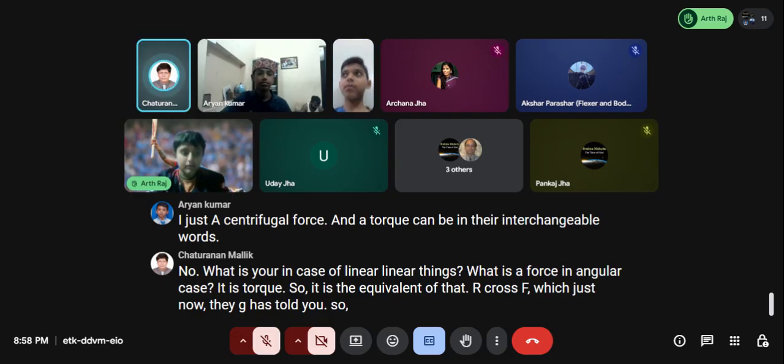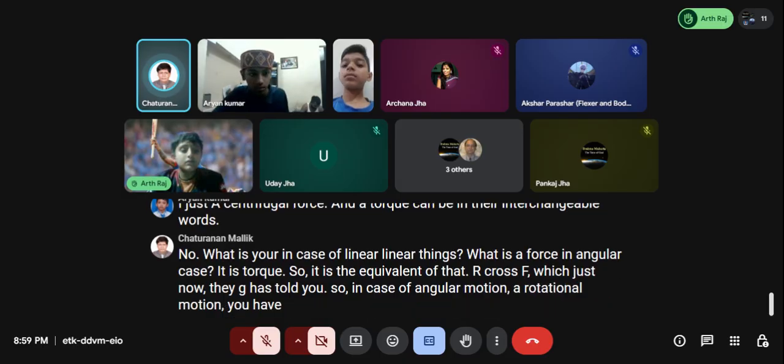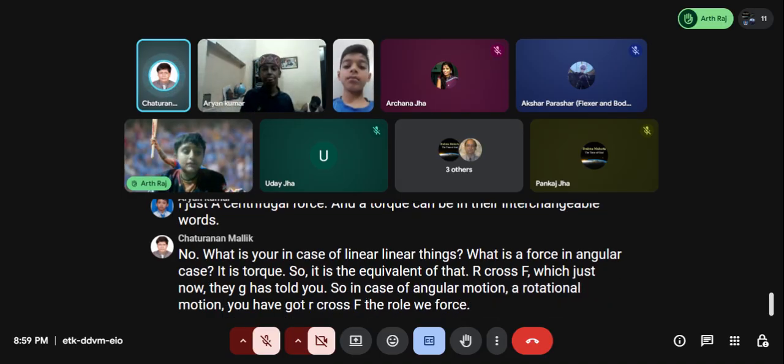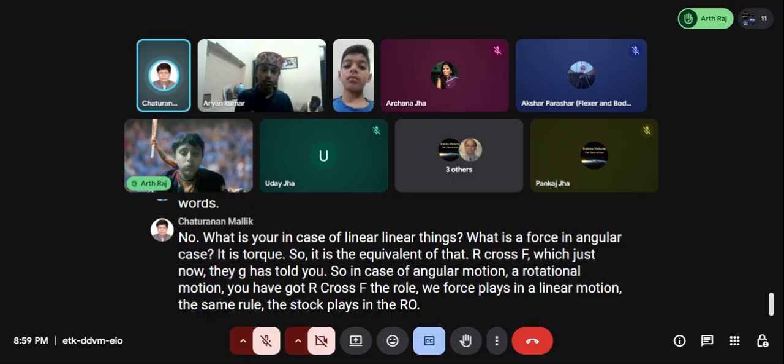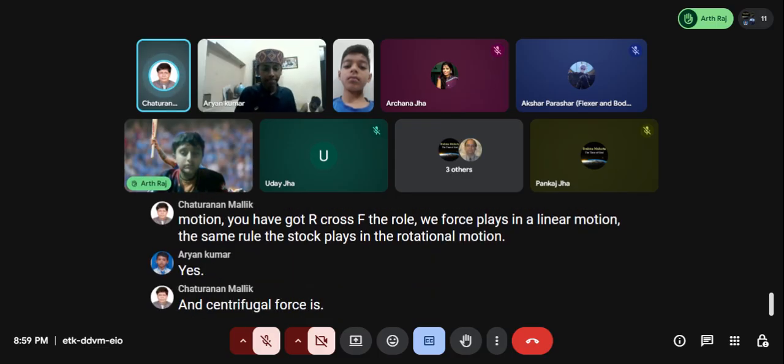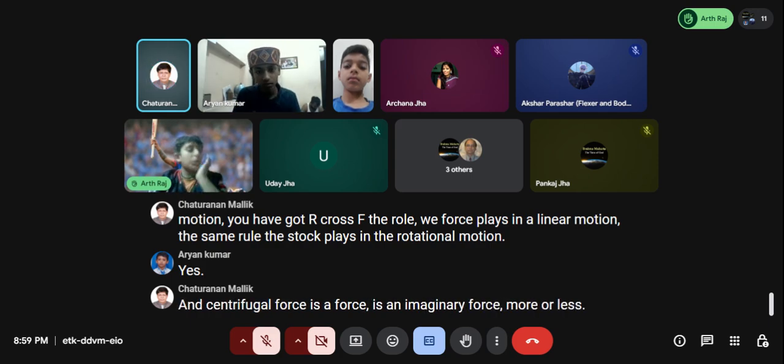The role which a force plays in linear motion, the same role torque plays in rotational motion. And centrifugal force is an imaginary force, more or less.